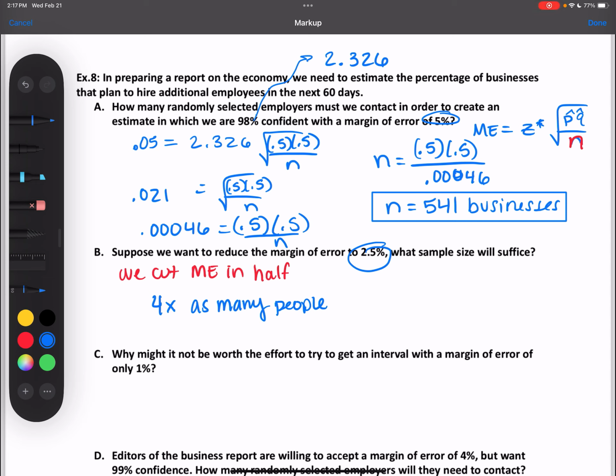Because this is half of this number, the margin of error. This was our margin of error. My margin of error is now 0.025. So when I flip it, because sample size is on the bottom, I cut it in half, so I flip it and I square it, it has to be times 4.